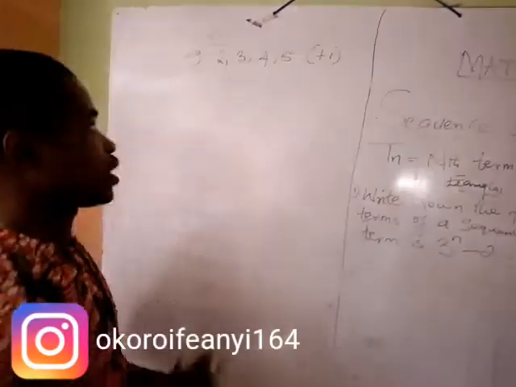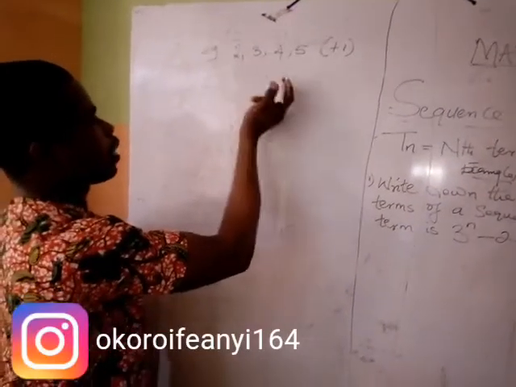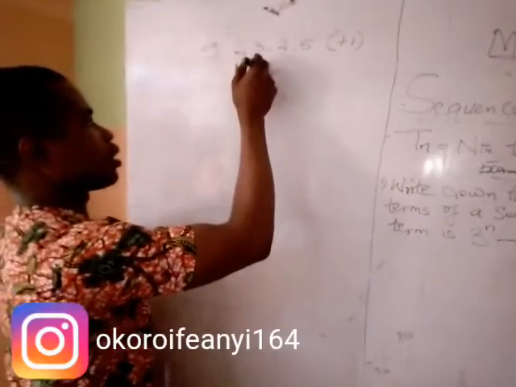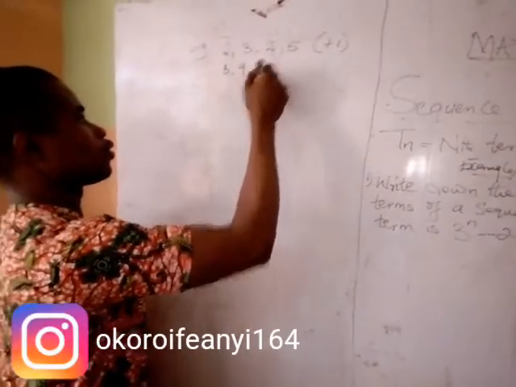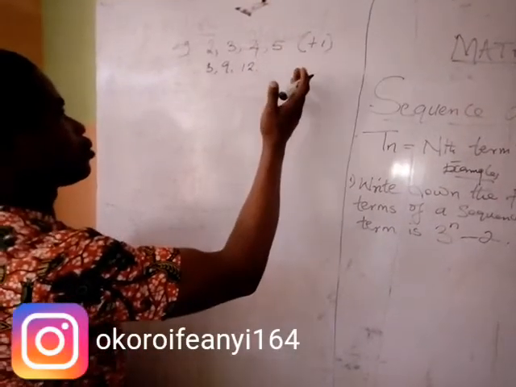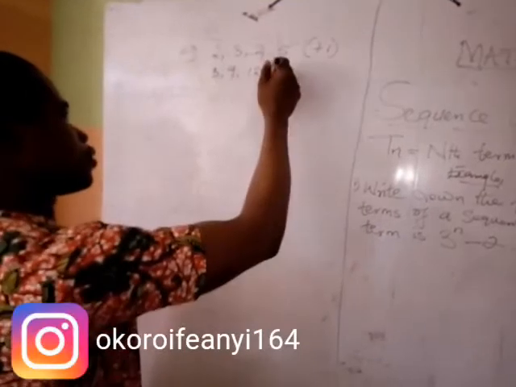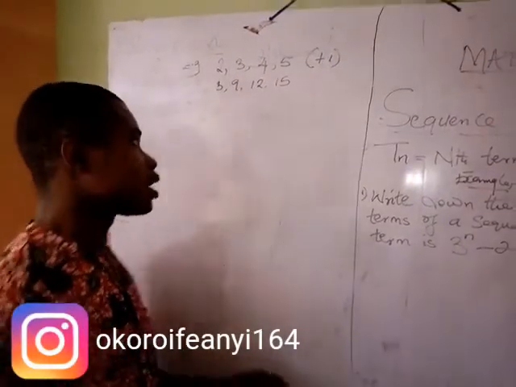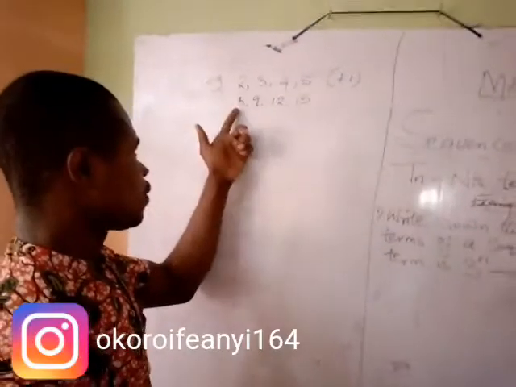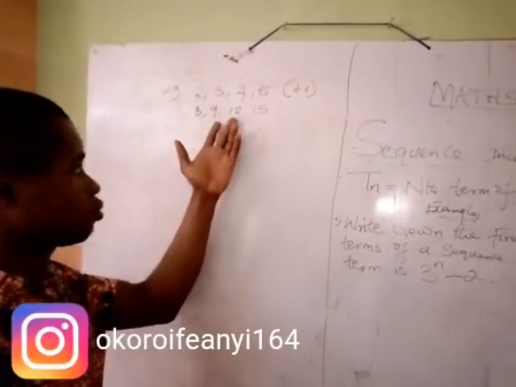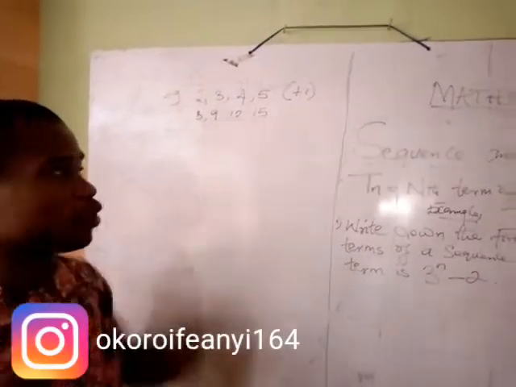Now let's take down this particular sequence. For example, if I have 3, 9, 12, 15. In this particular sequence, I have 3 by 3 will give you 9, 3 by 4 will give you 12, 3 by 5 will give you 15.